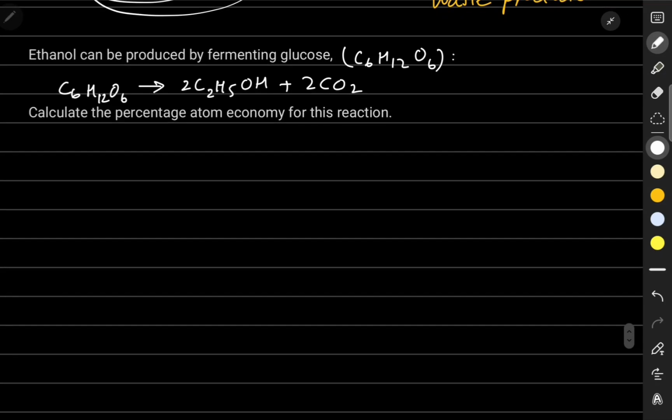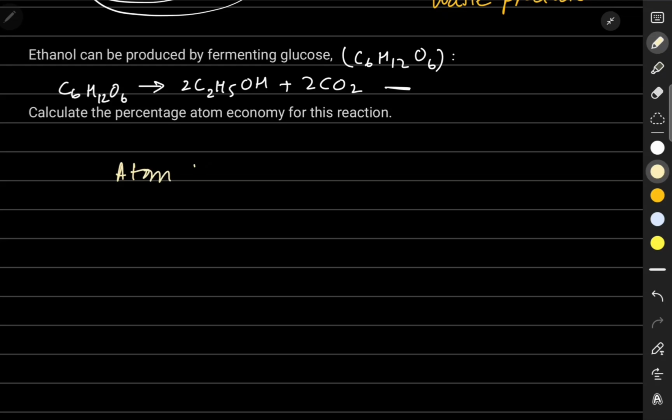So we have ethanol can be produced by fermenting glucose, C6H12O6, in this reaction. Calculate the percentage atom economy for this reaction. All right, atom economy has this formula.